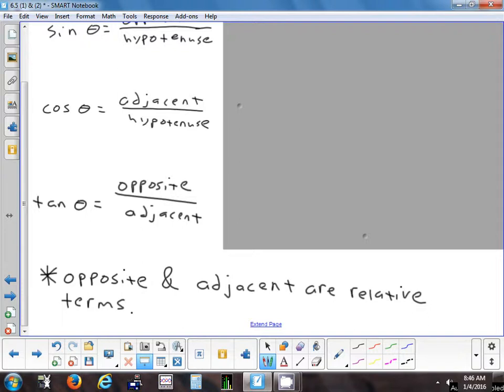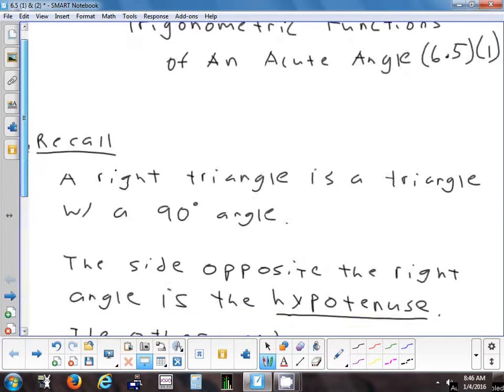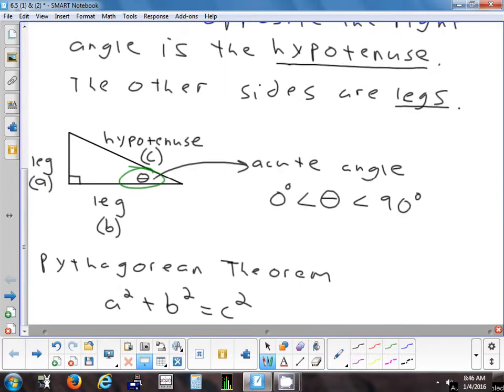So it's all relative to wherever you put theta. You pretend like you're standing right there. Opposite is what's farthest away. Adjacent is the side that's right next to it. If you change where you're standing, that switches opposite and adjacent.